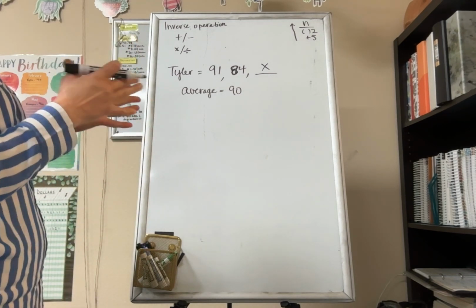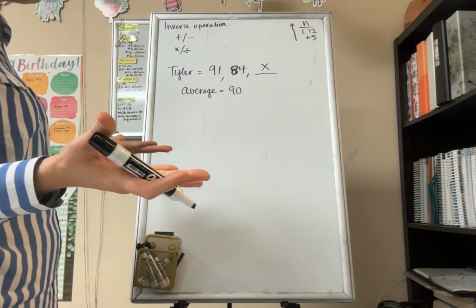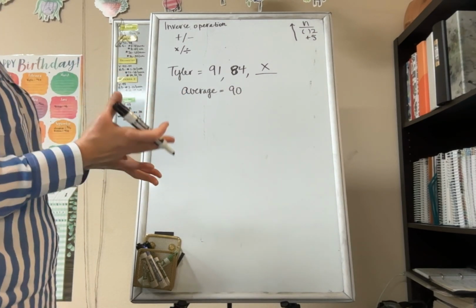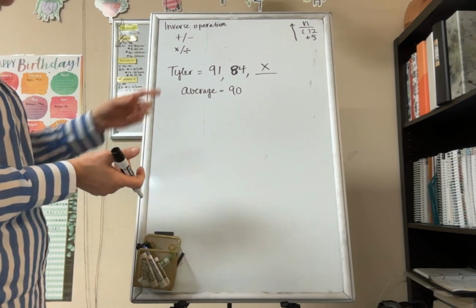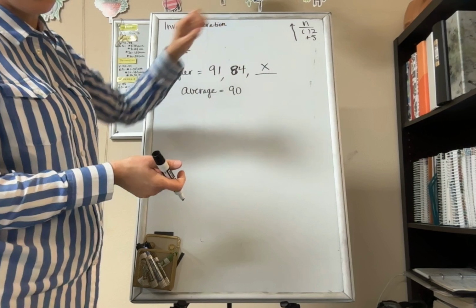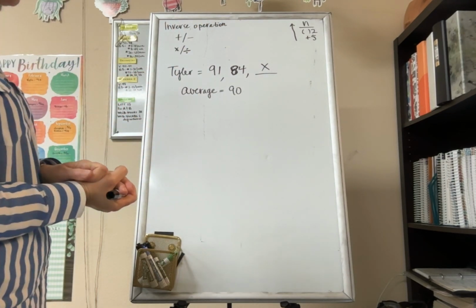Remember that we add the pieces of data that we have, and then we divide that sum or that total by the number of data pieces that we added together. We're going to have 3 data pieces because he has 3 test grades, right? So we're going to divide by 3 to find the average.